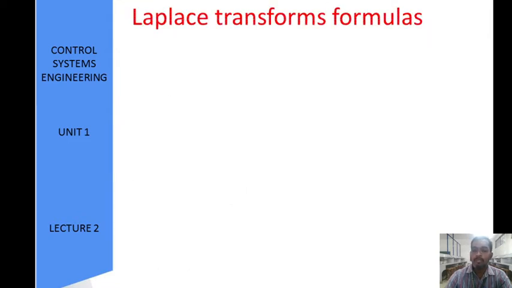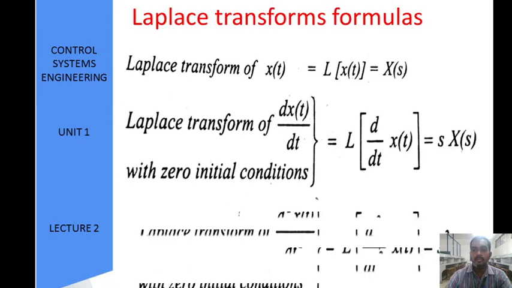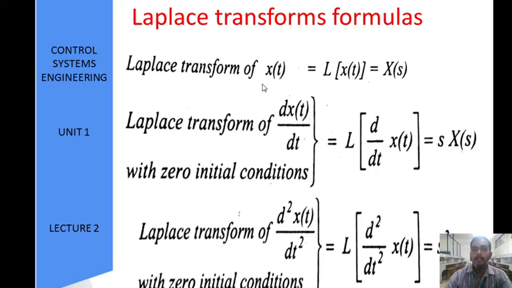So what are the Laplace formulas we are going to use for this? The Laplace transform of x of t, which is nothing but our displacement, is given as x of s. Here x of s is also called the output of our system. The Laplace transform of d by dt of x of t, at zero initial conditions, can be written as s into x of s.